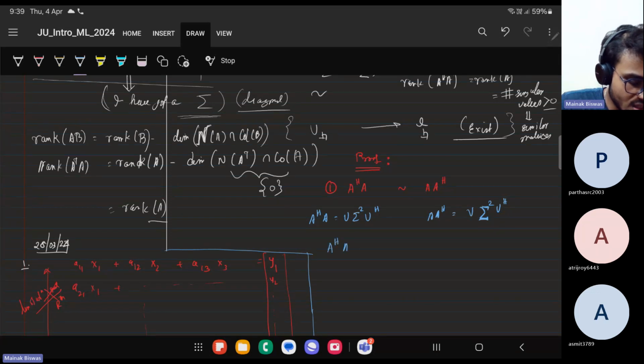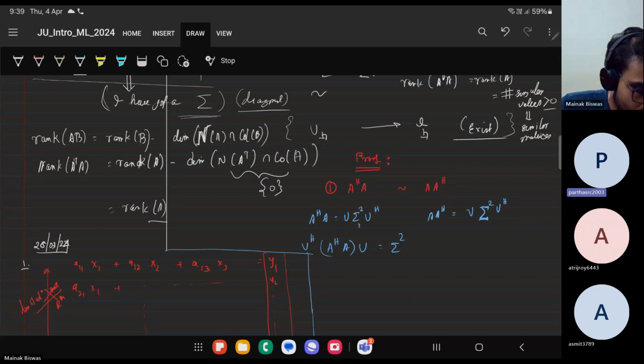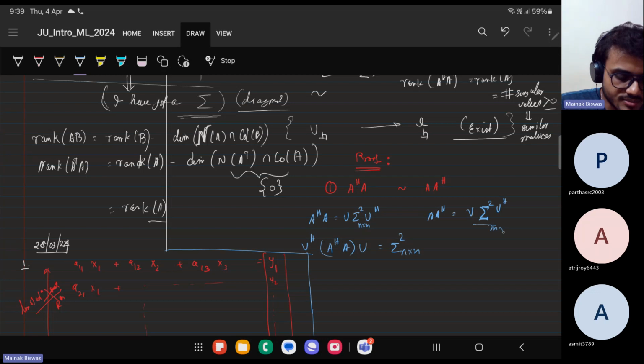A Hermitian A U Hermitian is equal to sigma squared, and we place that there. It is n cross n, but this is m cross n, right?